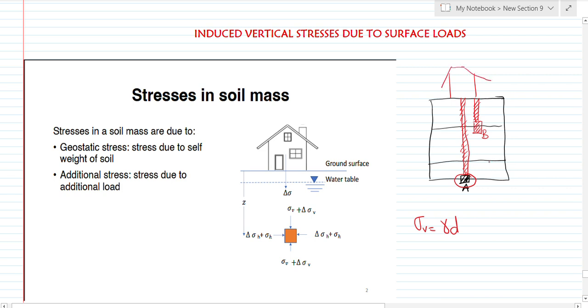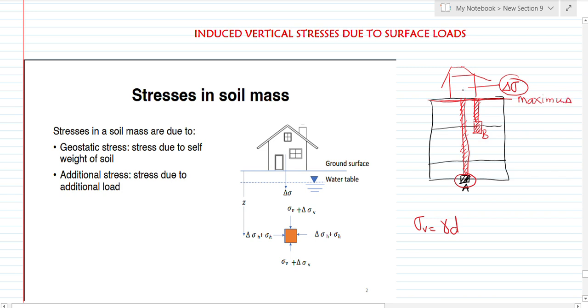Do you get it? Now, when I put a structure on the soil, assuming I have placed a structure on the soil, let me call the weight of this structure sigma. So this structure has its own weight, right? Now, at the immediate surface that this structure is sitting on, the stress as a result of the weight of this structure is going to be maximum.